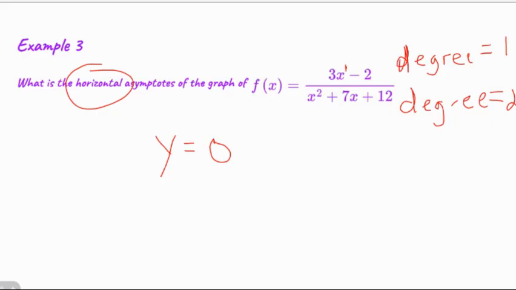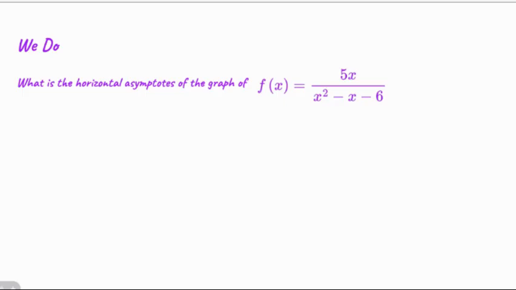You're only ever going to have, in rational functions, one horizontal asymptote. There are other types of functions that could yield more horizontal asymptotes, but I've only ever seen one in rational functions. Okay, so once again, we've got a degree equal to 1 in the numerator and a degree equal to 2. And once again, the bottom is greater than the top.